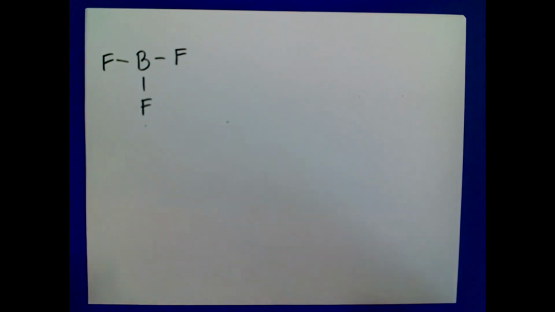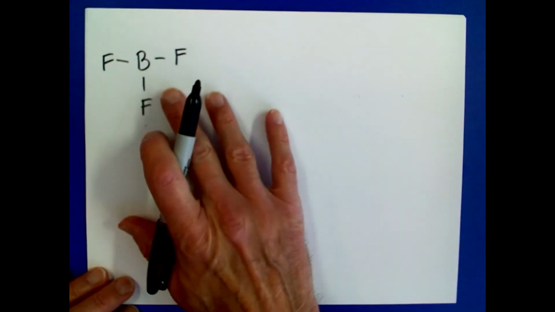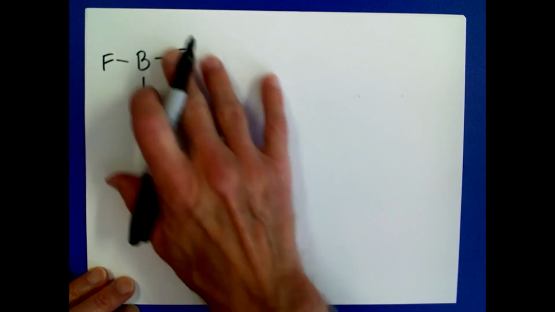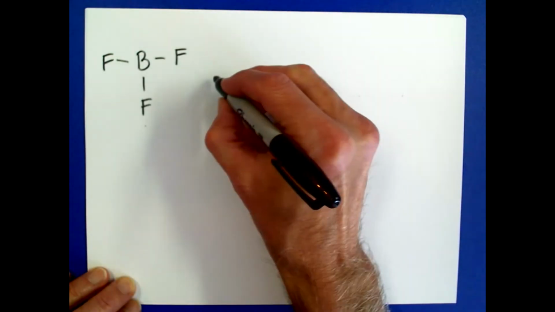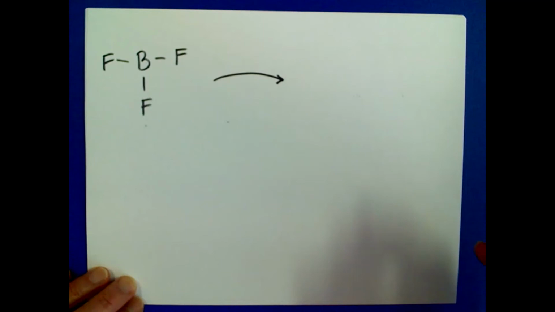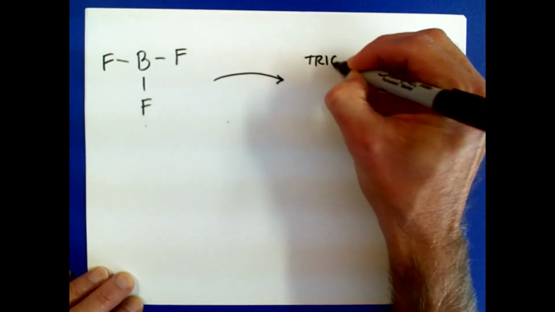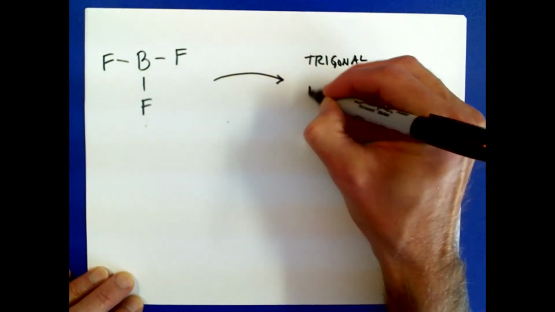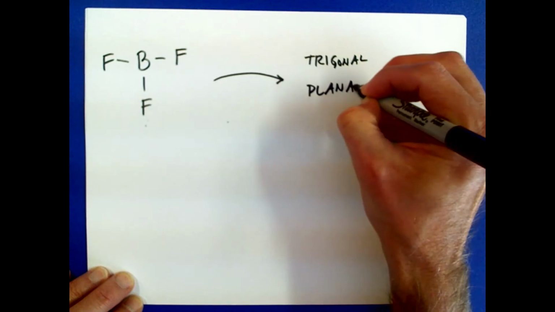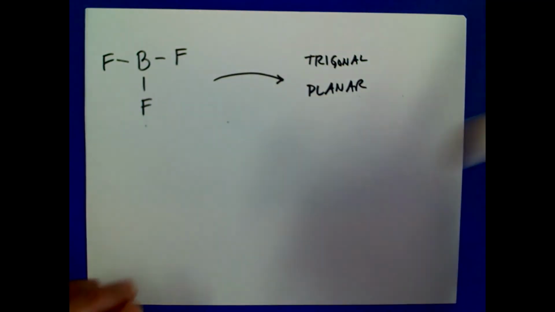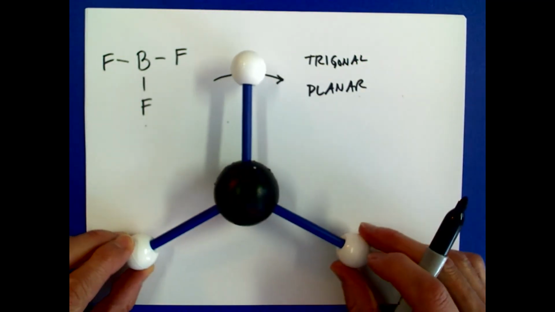That should make sense. And if you go through the Lewis structure for boron trifluoride, which I've drawn here, you're going to find that boron trifluoride is a trigonal planar molecule. So its atomic orientations are kind of like this, right?